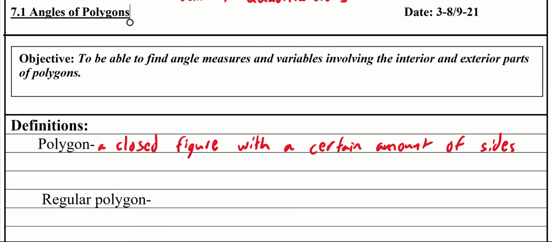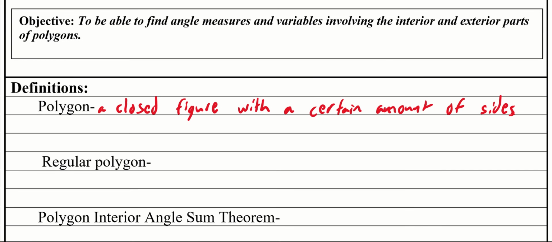So the technical definition of a polygon is just a closed figure with a certain amount of sides, or in other words, it's just a shape. So when I say that word polygon, all we really need to think about is some kind of shape, and specifically it has a certain amount of sides. And we'll get into what those look like when we start dealing with some different problems here.